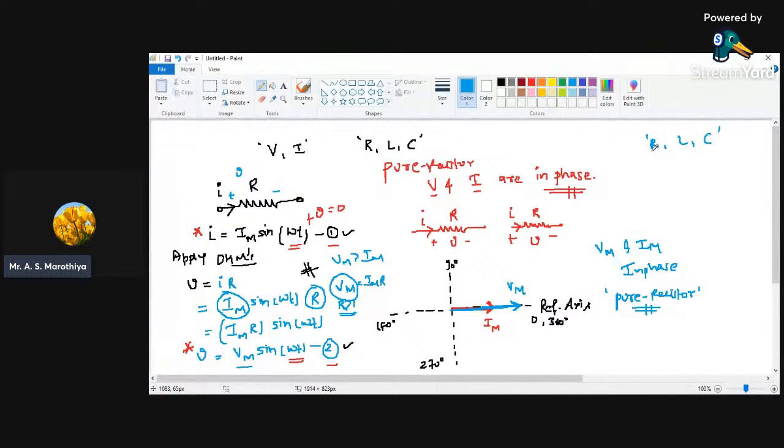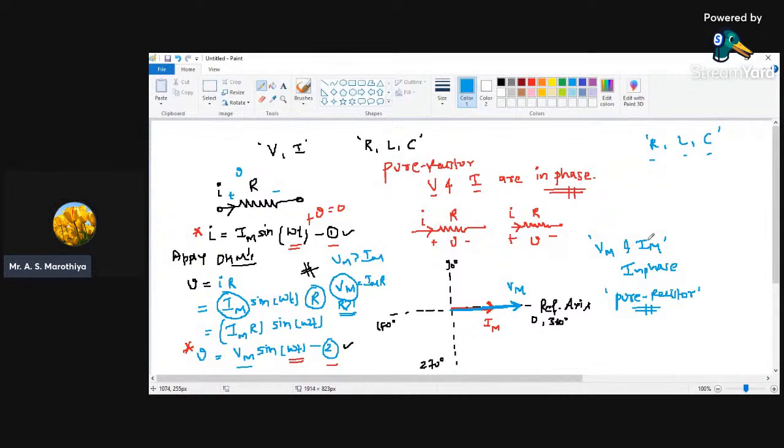For example, what is the relationship between voltage and current in case of pure resistor, then in case of pure inductor, and then in case of pure capacitor. So first point is clear, and we have done a discussion on this, that in case of pure resistor, voltage and current are exactly in phase with each other. That means the moment we apply a voltage across a resistor, at the same moment we will experience a current without any delay.